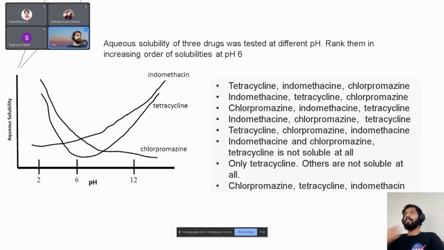Okay. So aqueous solubility of three drugs was tested at different pH. Rank them in increasing order of their solubilities at pH 6. They've given this graph of chlorpromazine, tetracycline, and indomethacin, and they're asking us to rank.